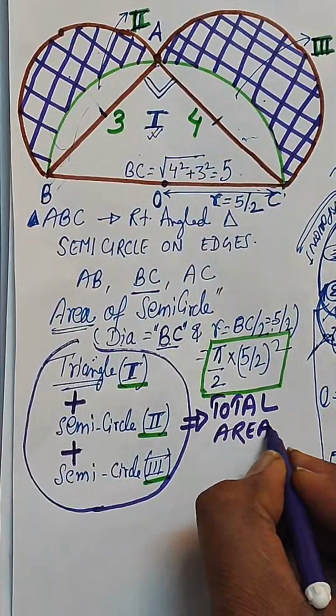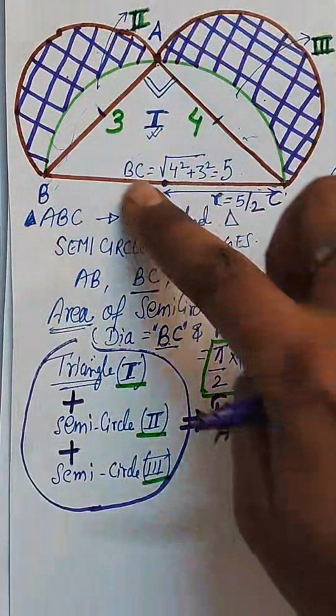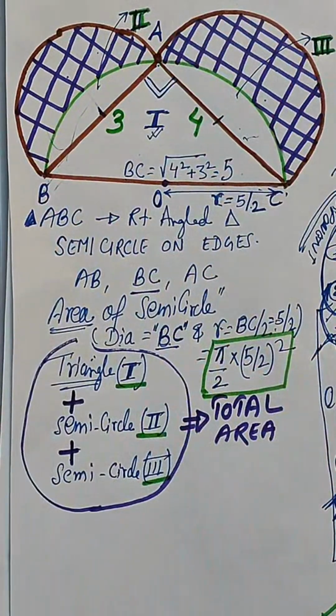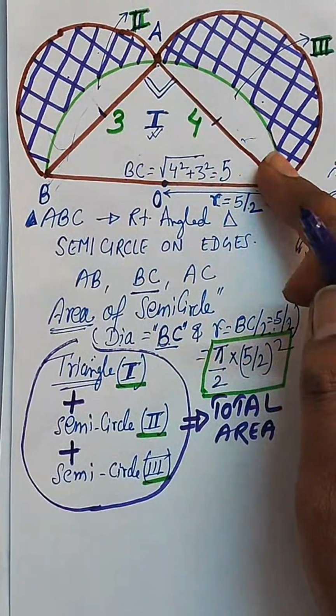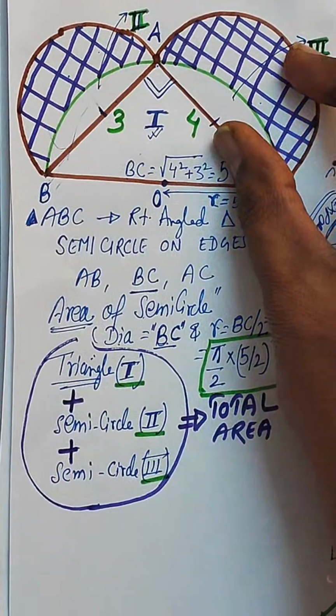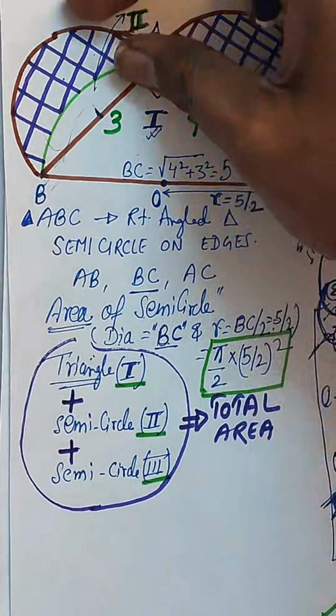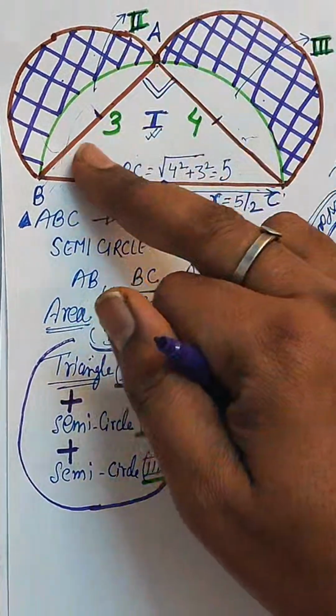Tell me. This entire figure, which is two-dimensional figure, which is in front of you, consists of this semicircle and a triangle in between.